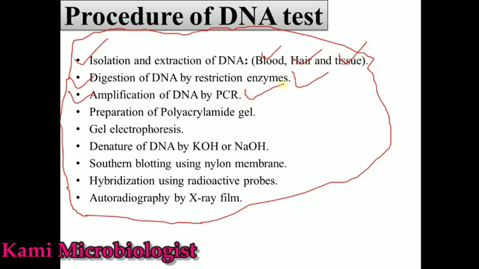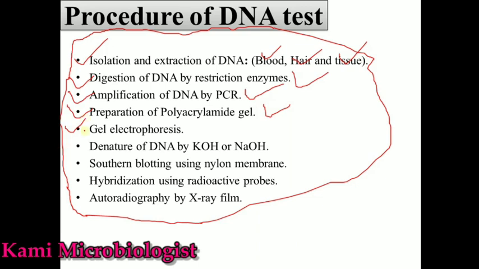After that, we have to run this DNA by making a gel, which we call polyacrylamide gel, or SDS-PAGE, sodium dodecyl sulfate polyacrylamide gel, or agarose gel as well. Once the gel is prepared, we perform a technique on this gel which we call gel electrophoresis, in which the sample that contains the DNA is separated on the gel, which we can see in the form of bands.